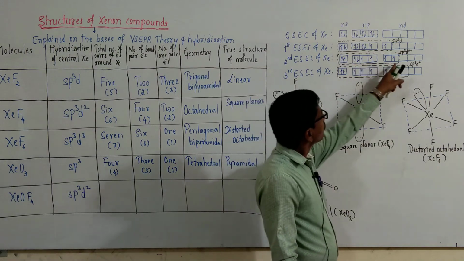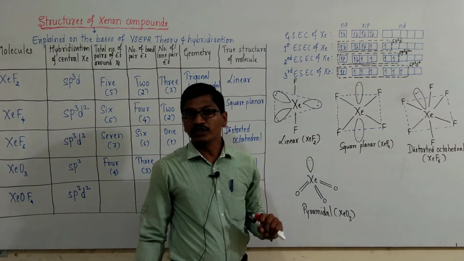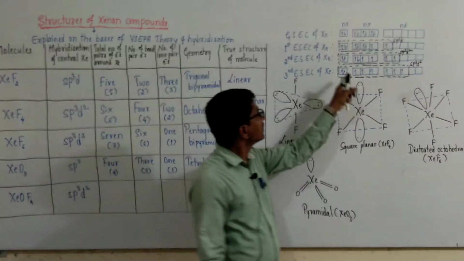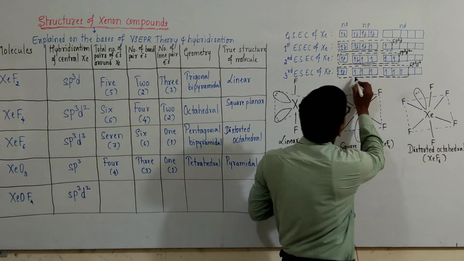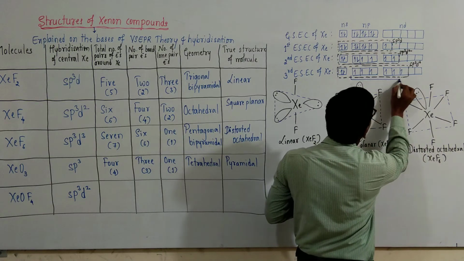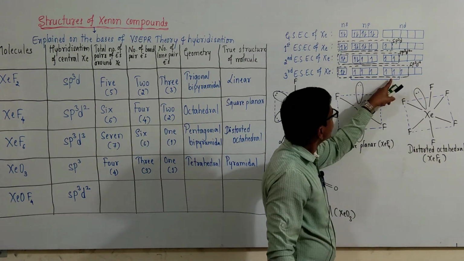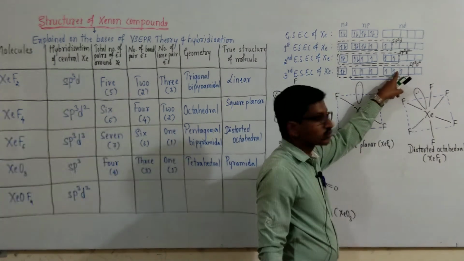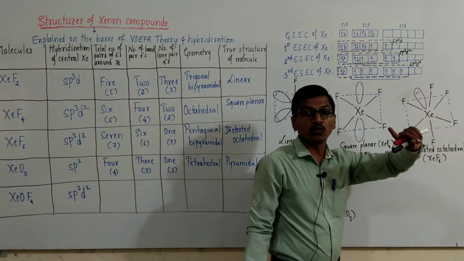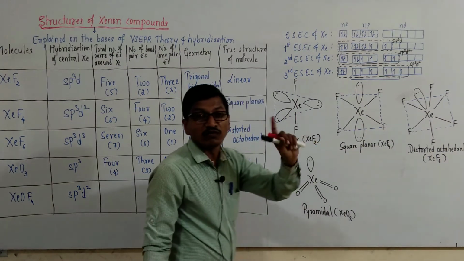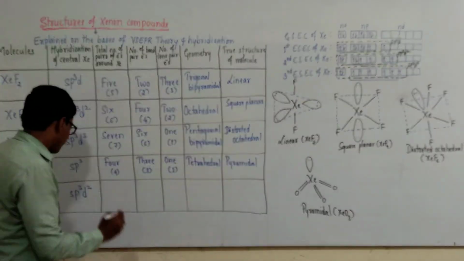4 fluorines are bonded with xenon and 1 oxygen, in the third excited state. These are bonded, 4 with fluorine and 1 with oxygen, and the rest of the unpaired hybrid orbitals form covalent bonds, and this is not involved in the hybridization.